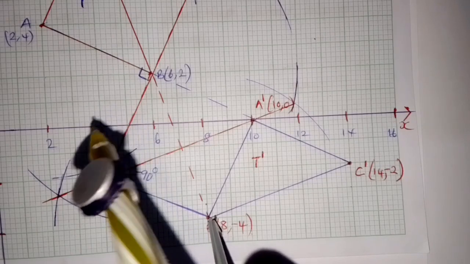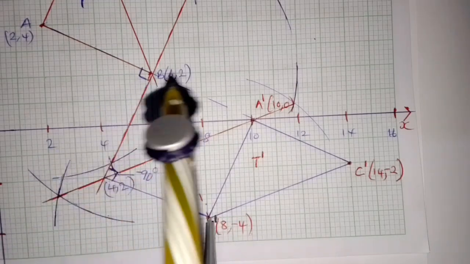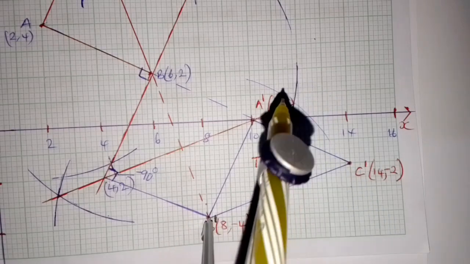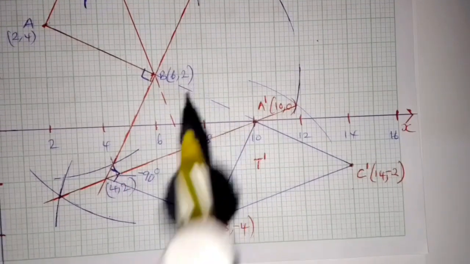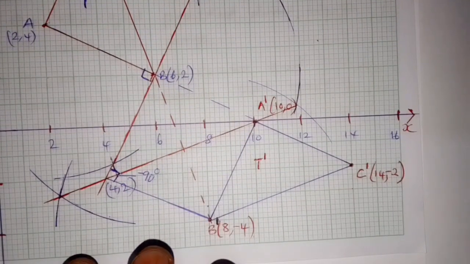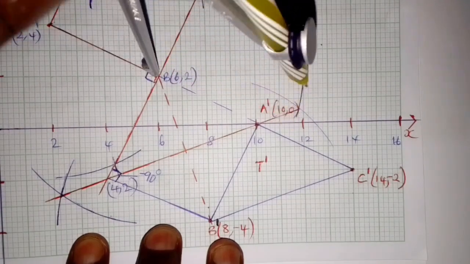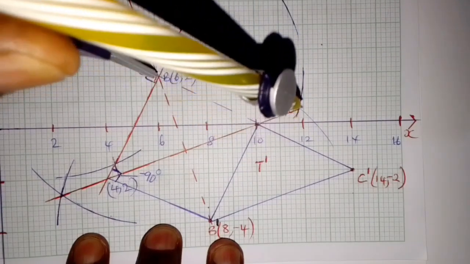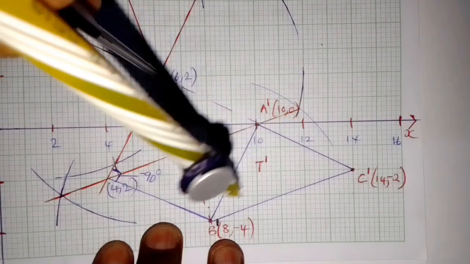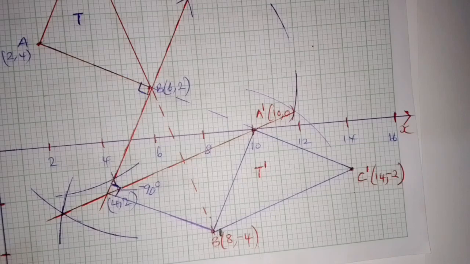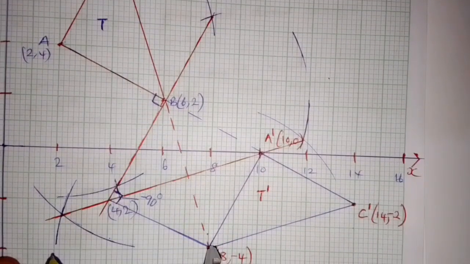We draw it like this, using point B and B prime.